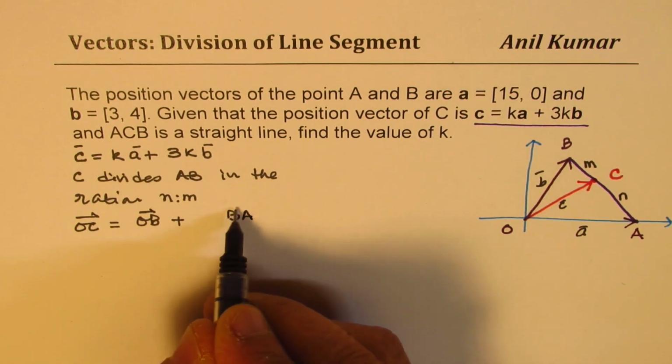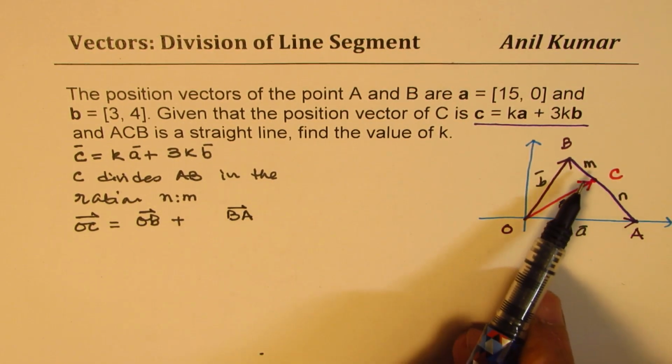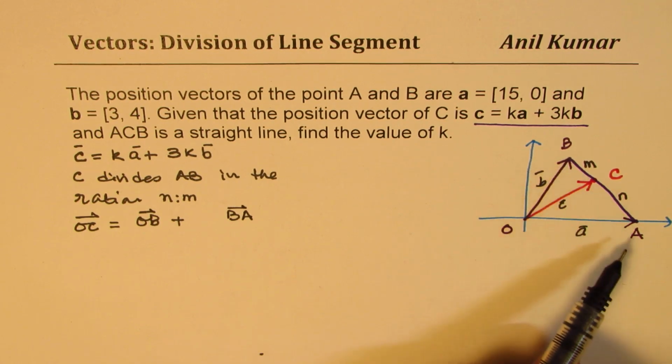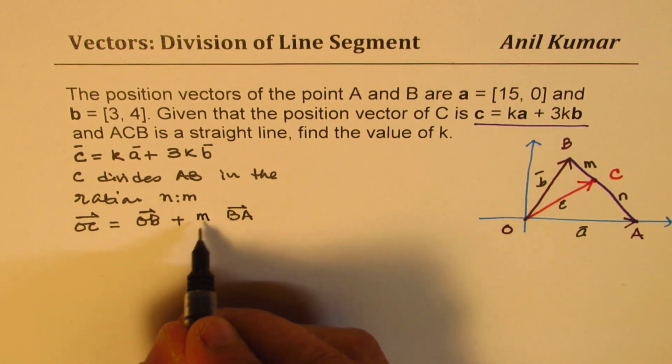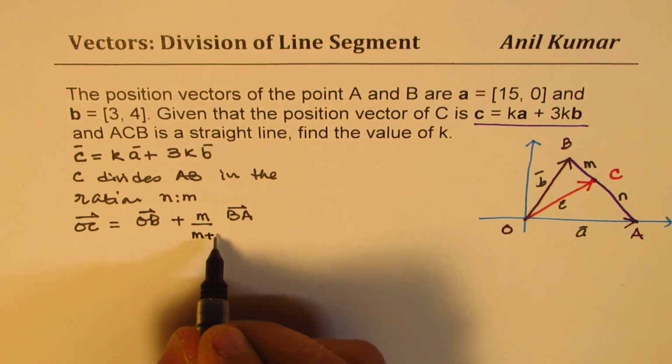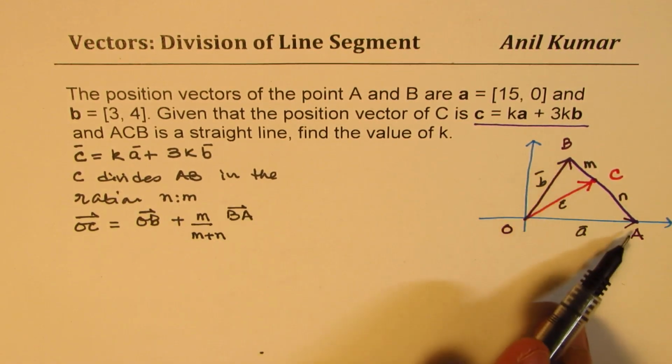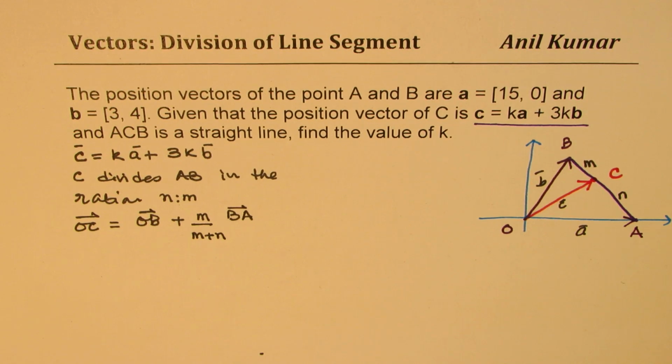How much? If I divide the whole line by M plus N, it is M times, so it is M over M plus N of BA. Correct? So that is how we can write this particular vector.